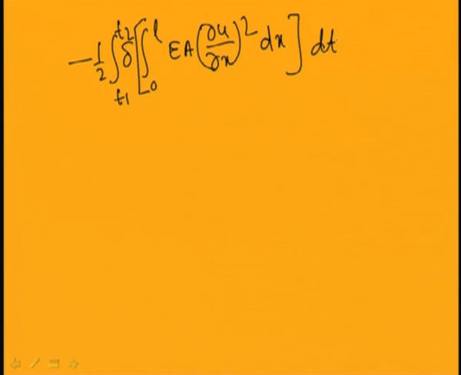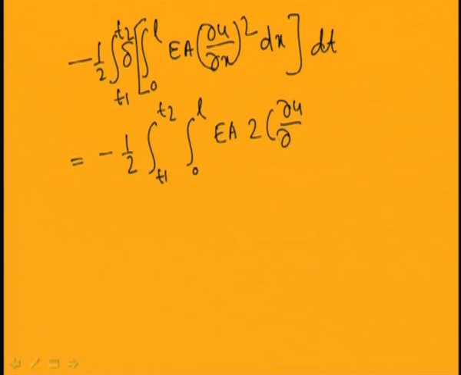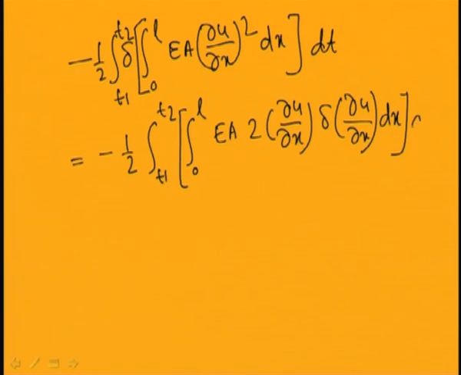So now applying this del operator I can write this as half T1 to T2 0 to L E A. This term can be written as 2 del u by del x into this del operator on del u by del x, into dx and finally dt.